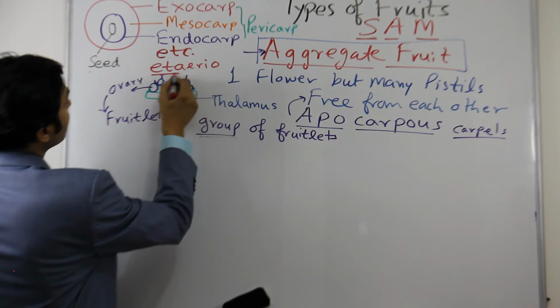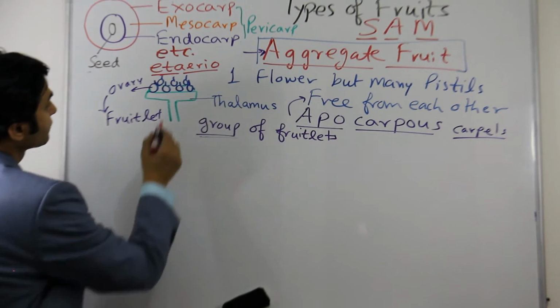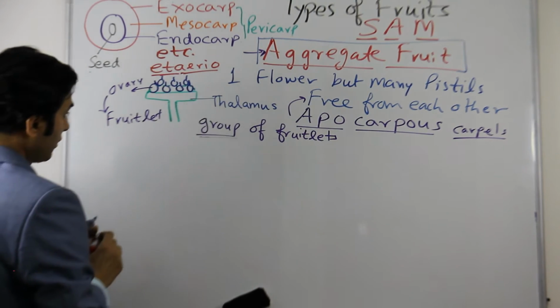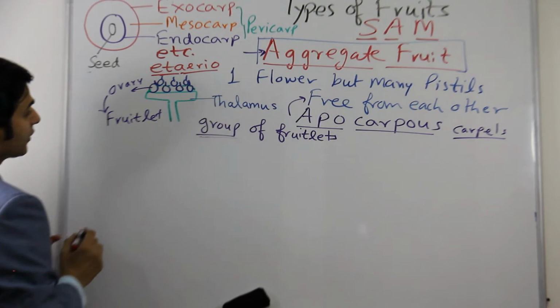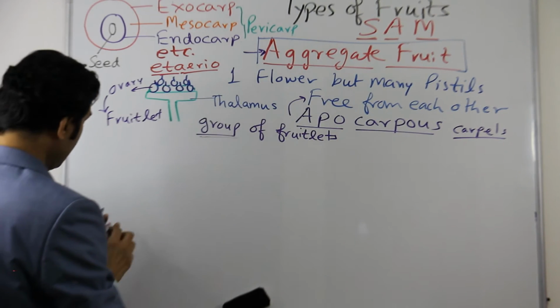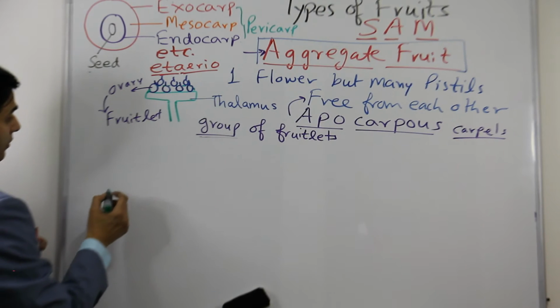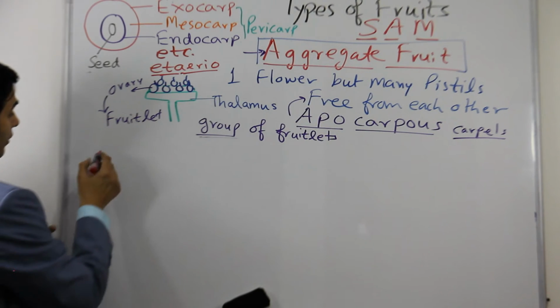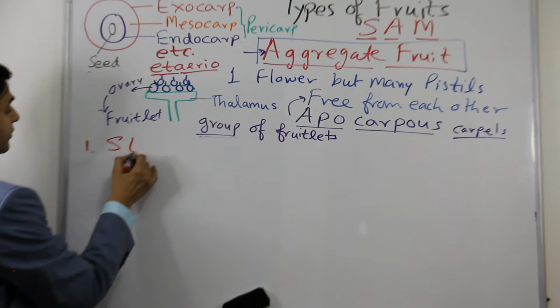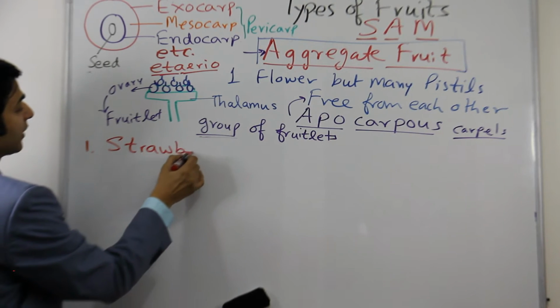So this is Etaerio. Okay. Examples for this. Number one, which you might be surprised to know, is strawberry.